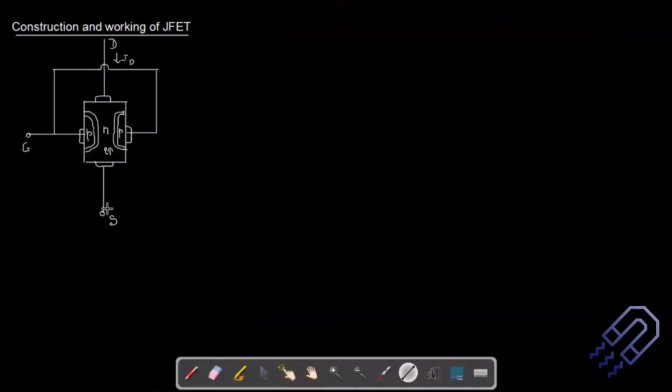Depending on the biasing we can have the width of this changing. If the width changes, the electron will have lesser space to move, as a result of which the movement of the electron will be restricted. Why does that happen? Because this side is reverse biased, and on this end also it's reverse biased.